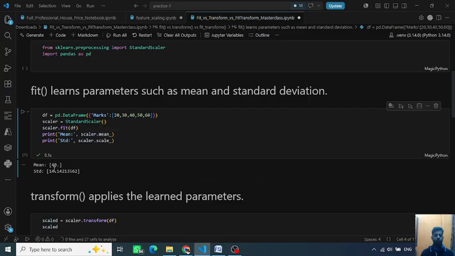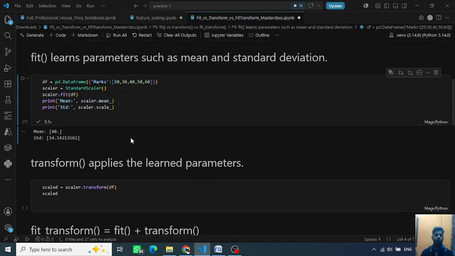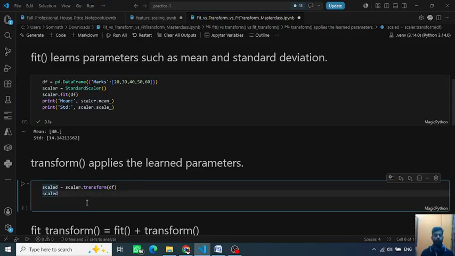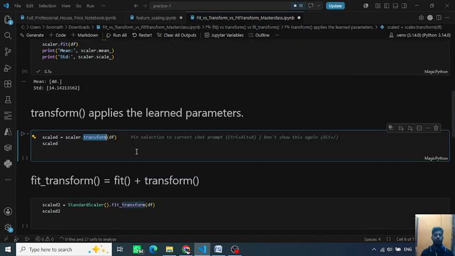You see, the mean is 40 and the standard deviation is 40 something. As I said, fit calculates the mean and standard deviation, and transform applies the learned parameters. It transforms the data into scaled data using the z-score formula. For the z-score formula, we need a mean and standard deviation, and the transform function uses these two values, right?